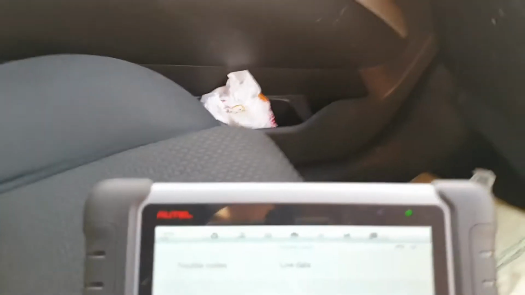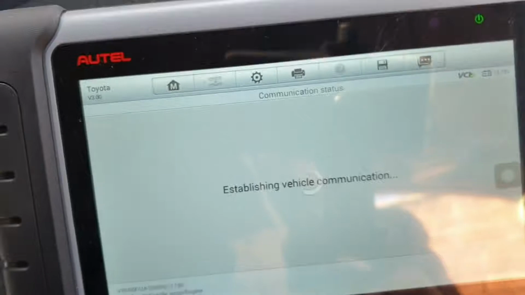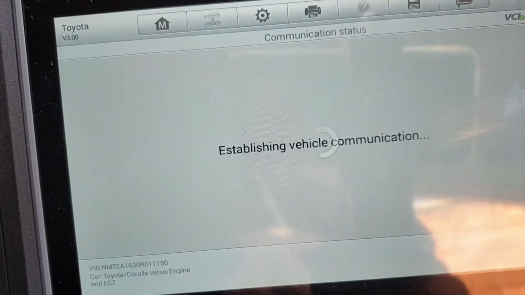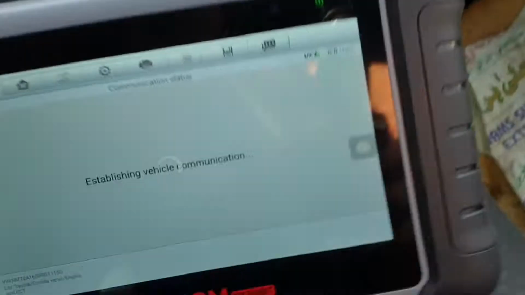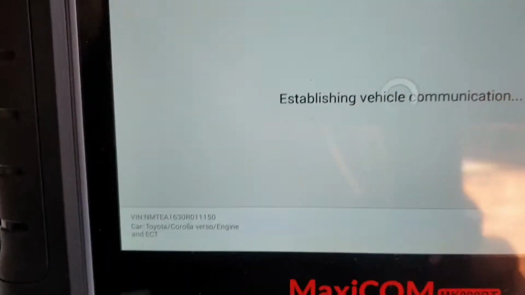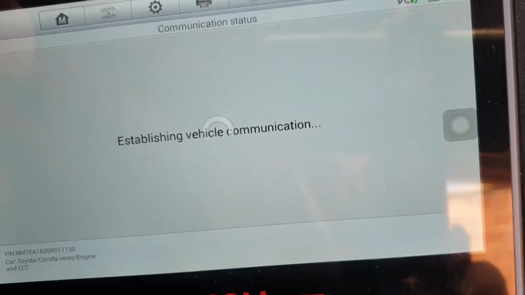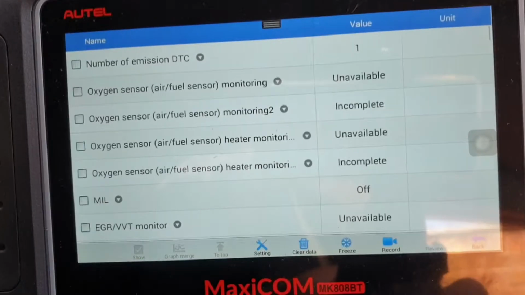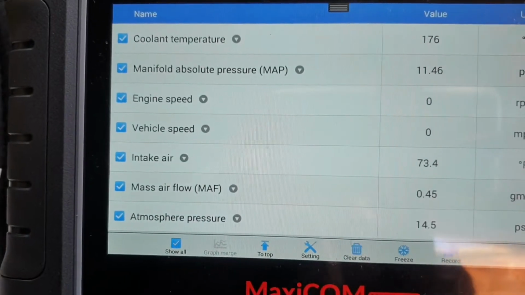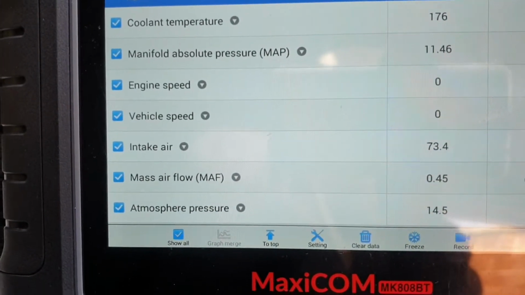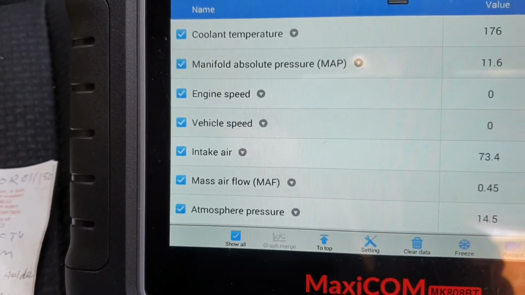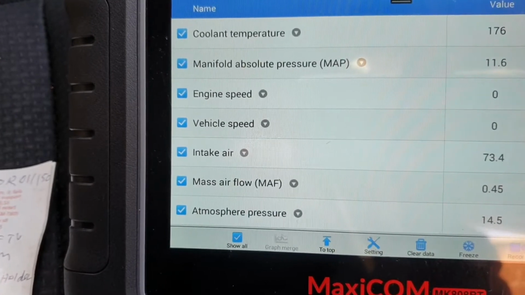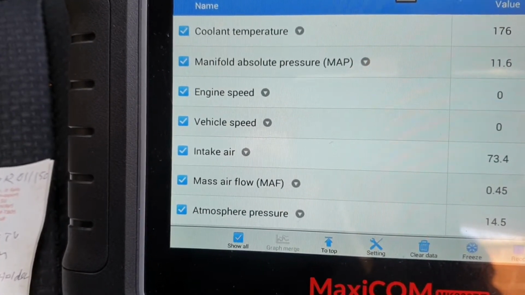And see the live data of the scan tool. I have brought these topics to the top of the list, which is coolant temperature and manifold absolute pressure.